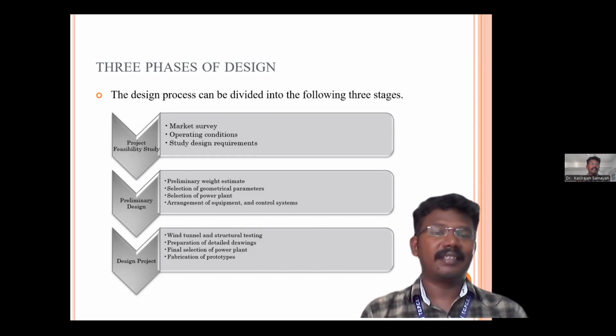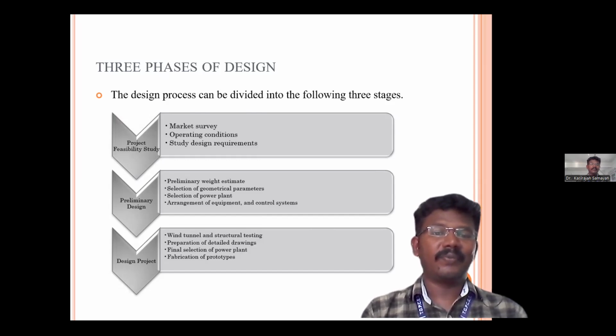After that, we are going to test the models by using internal testing or else modeling software. After completing the testing, we have to prepare the detailed drawing, based upon the above data.